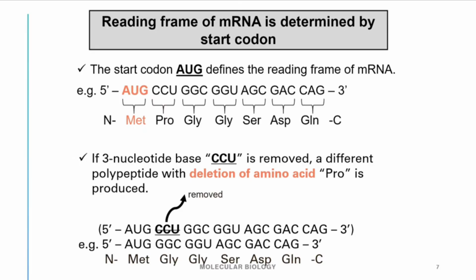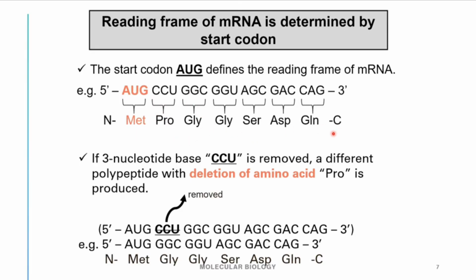Now, inside this reading frame, we can determine the amino acid sequence that will be translated by reading this mRNA in 3-letter words. So the first one, AUG, gets translated into methionine, CCU gets translated into proline, GCC translated into glycine, etc.